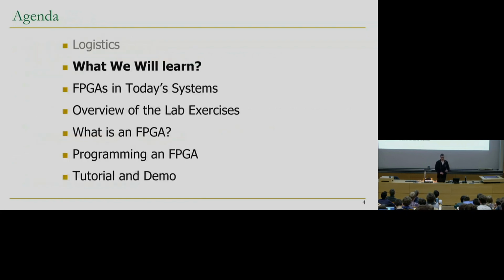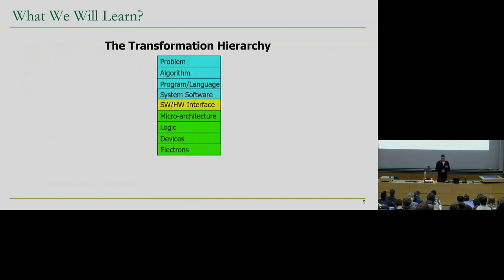Okay, so this is the agenda for the second part of the lecture. We'll start with what we will learn, and then we will talk briefly about FPGAs, which will be the platform we will be using for the labs, and I will talk about the rest later.